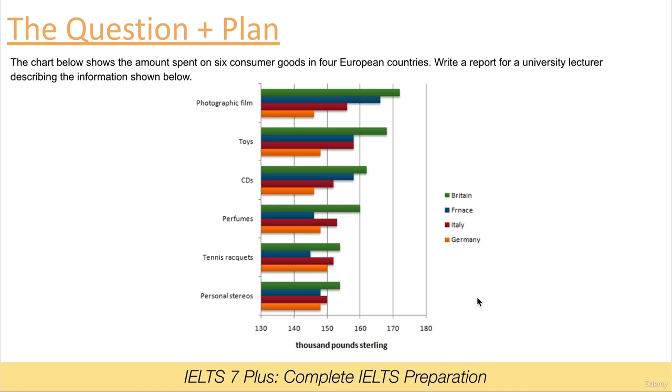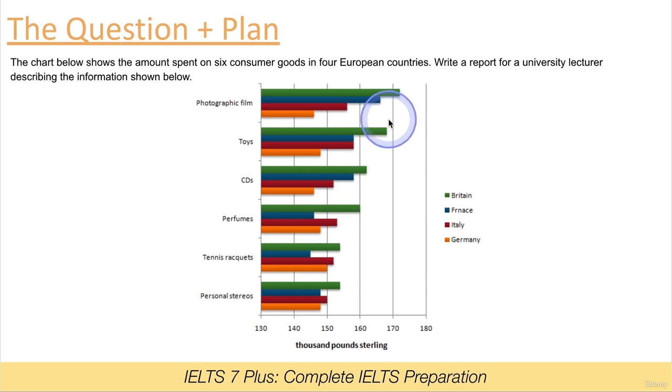Okay, so let's have a think about some initial ideas then. So we have Britain, which is spending the most in photographic film, and then that decreases throughout the categories. So the lowest is in personal stereos. Who else follows this trend?